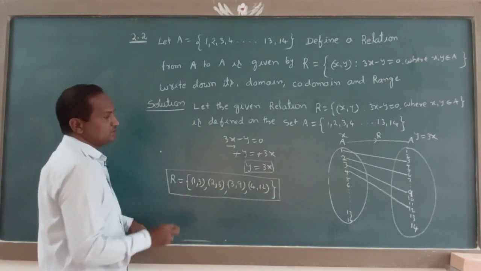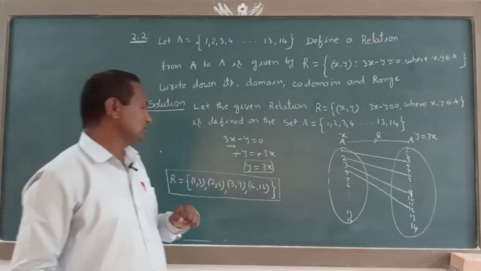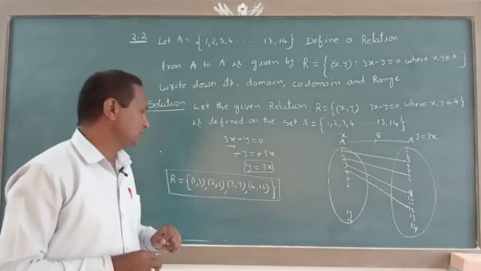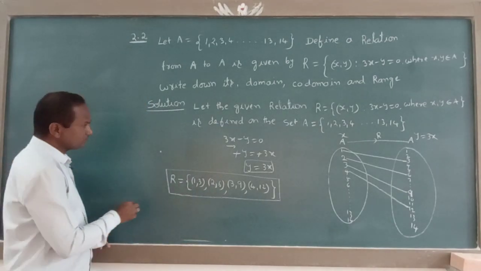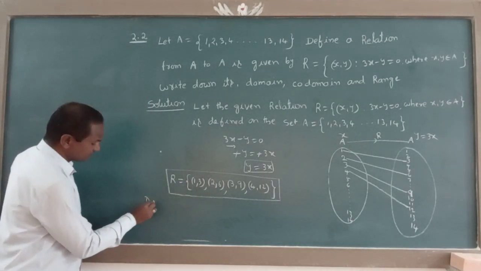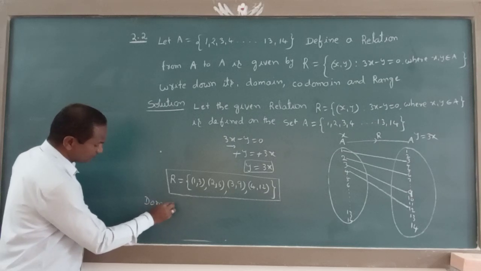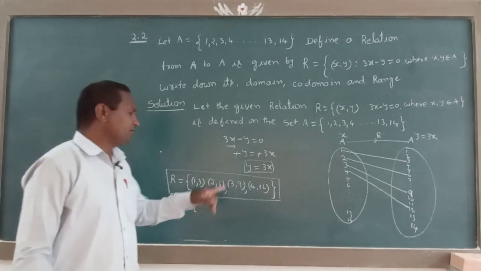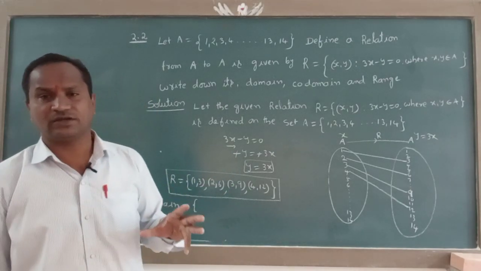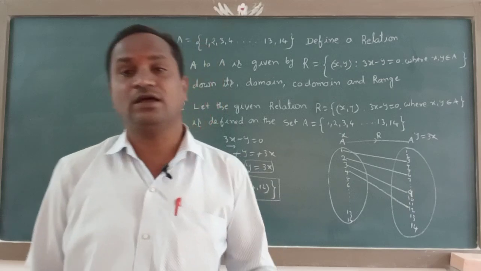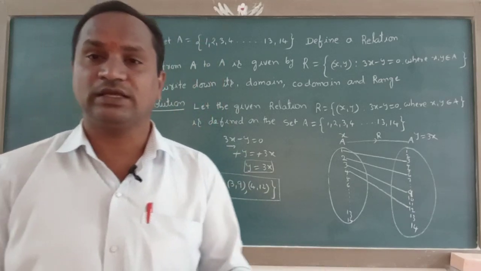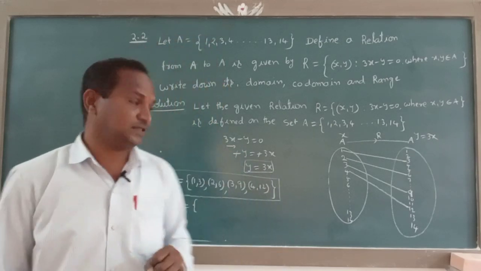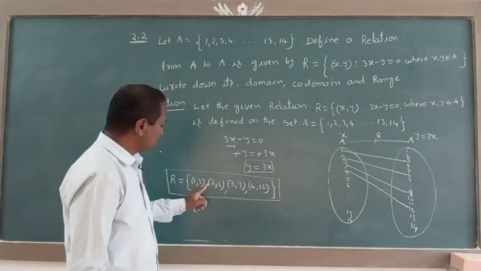Based on this relation and based on those two sets, we are going to find the domain, codomain and range here. First, domain. Domain is the set of all first elements of the relation capital R. Like that I have given the definition in the last class. See here, what are the first elements? 1, 2, 3, 4.